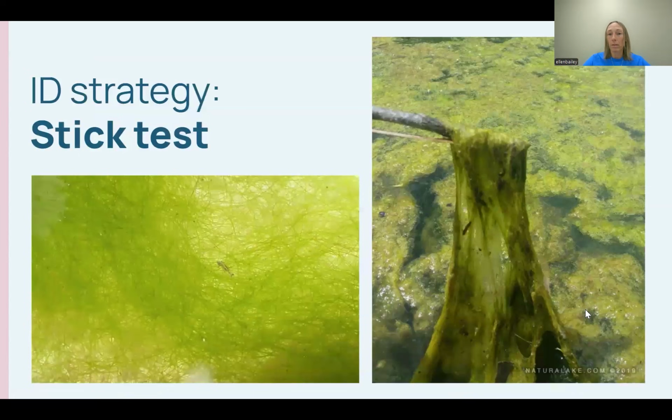Here's another picture, a more static picture, close up of the stick test. Again, showing you if you poke at it and it's hanging down really fibrous, we've got filamentous green algae and it's not concerning. It's a natural algae that is harmless in the water. So that stick test is really powerful, really helpful.